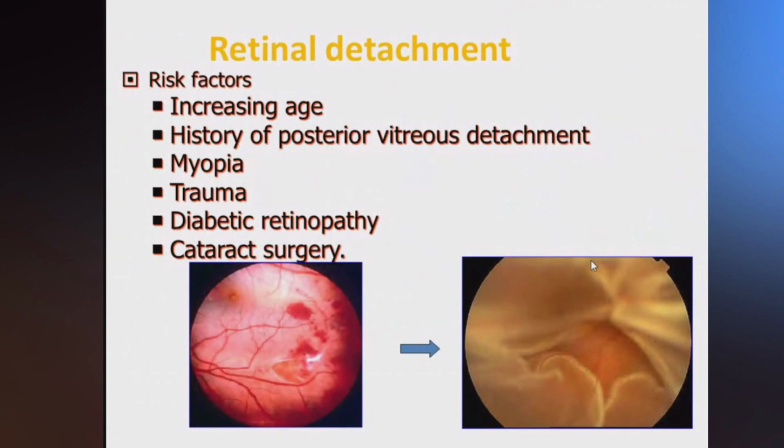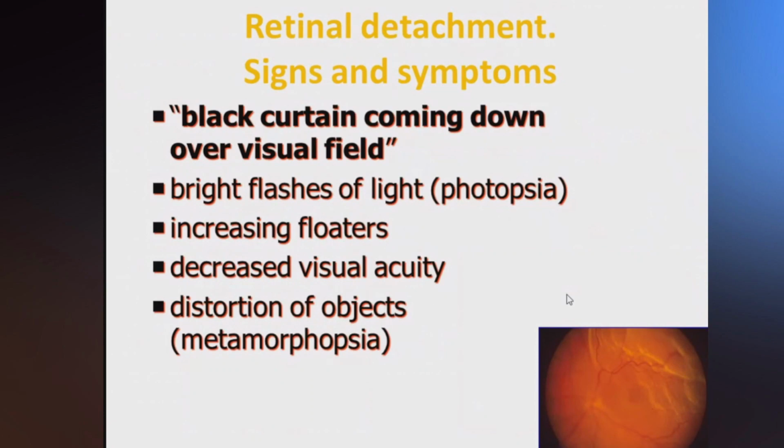Retinal detachment, the most important risk factors: age, history of posterior vitreous detachment, myopia, trauma, diabetic retinopathy, and cataract surgery. On this picture, you can see the break and retinal detachment. Signs and symptoms of retinal detachment.